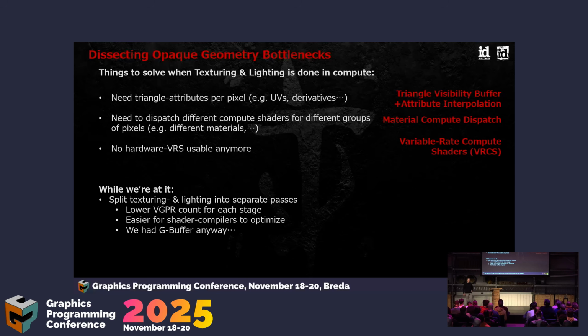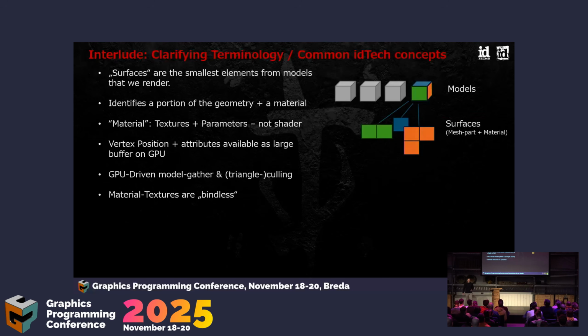Okay. Before diving into any of the details about this, let's first clarify some common idTech terminology. When we talk about a surface, what we mean is basically a part of a mesh that is rendered with only one material and one shader. And when we mention material, what we mean is mostly the texture assignments and the parameters only. We will also always be mentioning the shader separately from that.